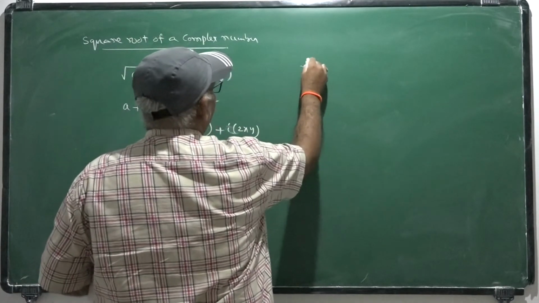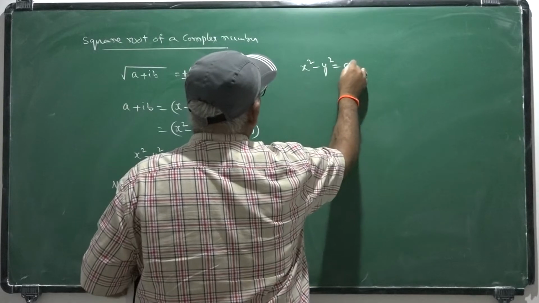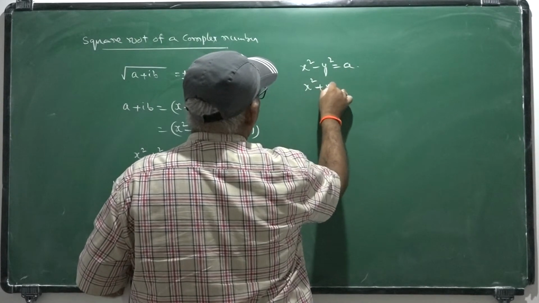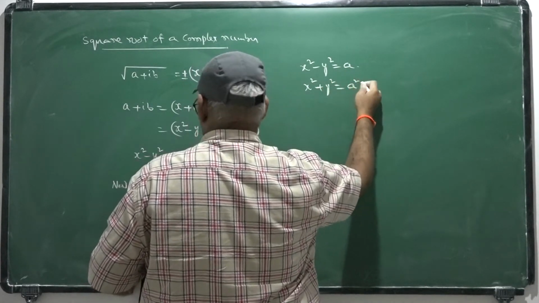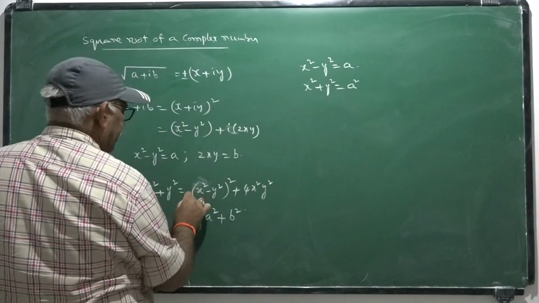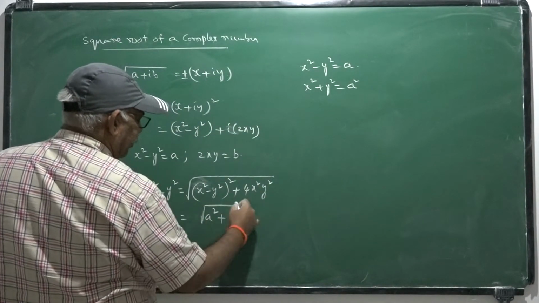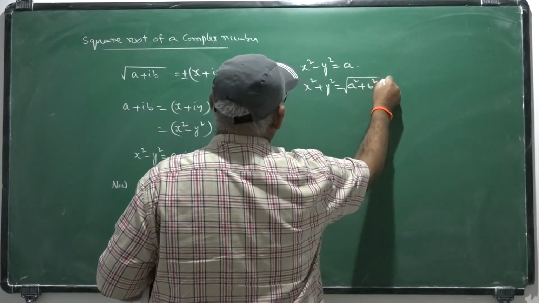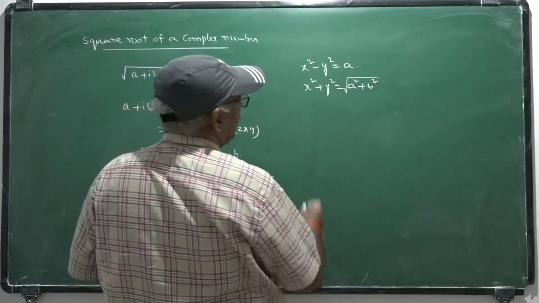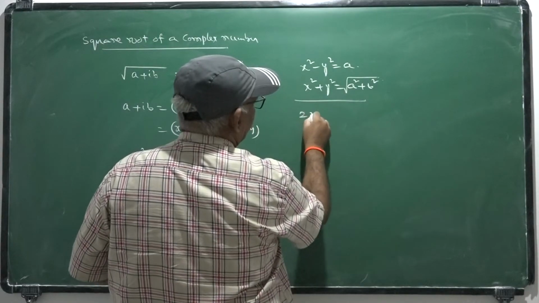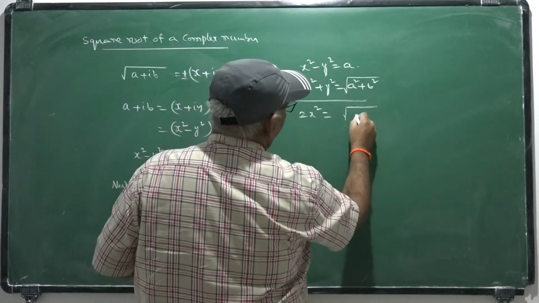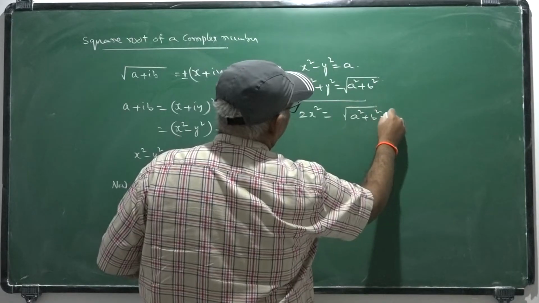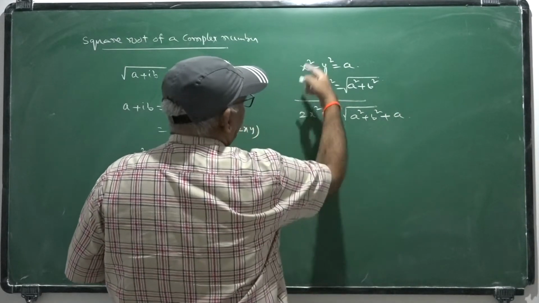So x square minus y square equals a, and x square plus y square equals the square root of a square plus b square. Adding these two, we get 2x square equals root over a square plus b square plus a.